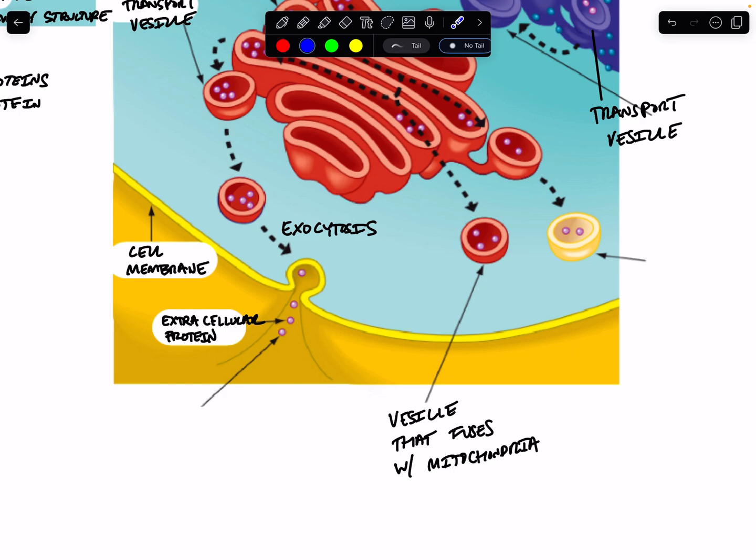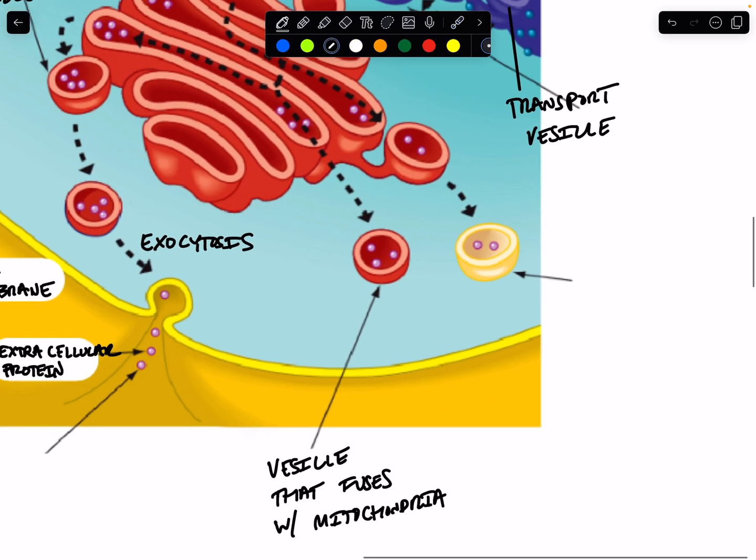This is a special type of vesicle that we haven't yet talked about that I should mention, called a lysosome. Lysosomes are like the trash and recycling center of the cell. So maybe this vesicle buds off and becomes a lysosome. It contains proteins. It's like the stomach of the cell. So anything that fuses with this lysosome is going to be broken down.